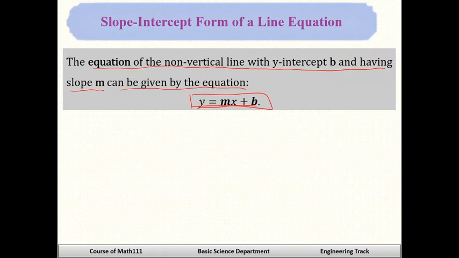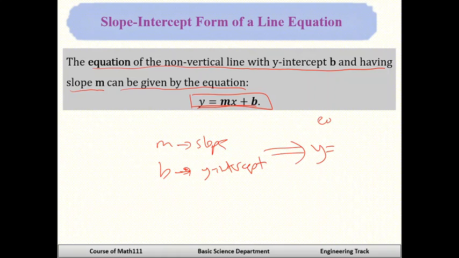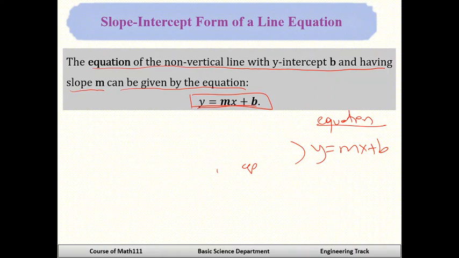So if someone gives you the slope and the y-intercept of the line, so these are given, and you can say the equation of the line is y is equal to mx plus b. So it says this.